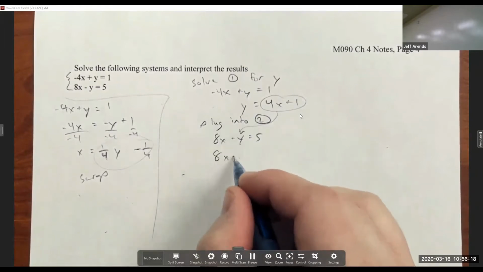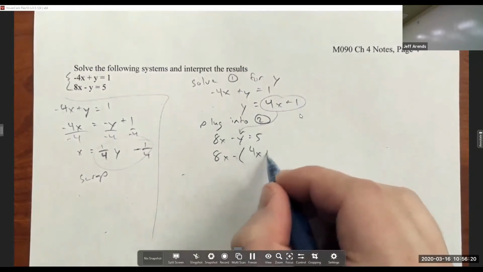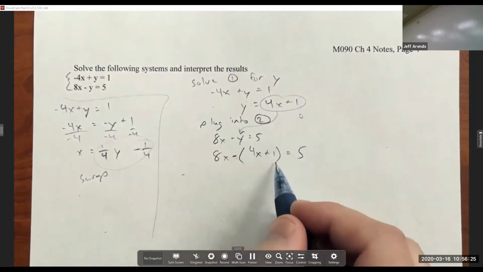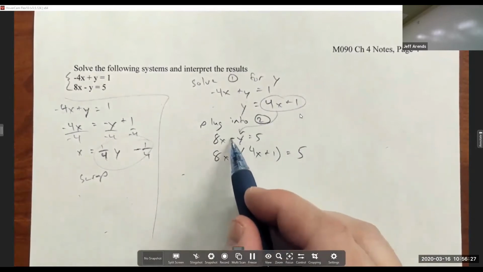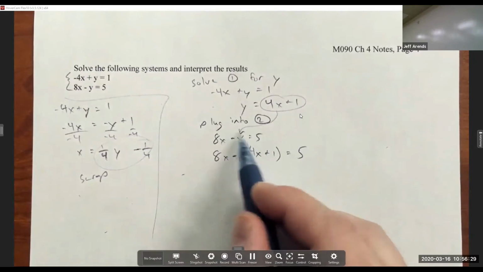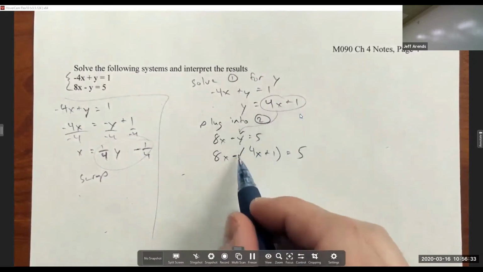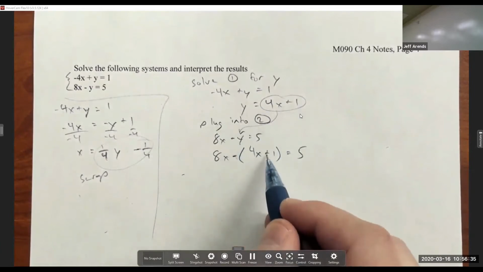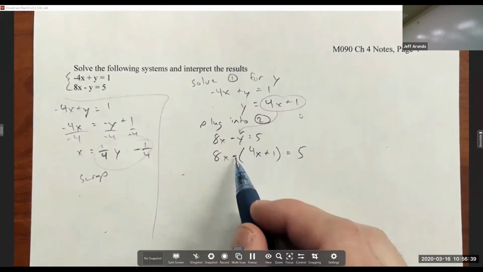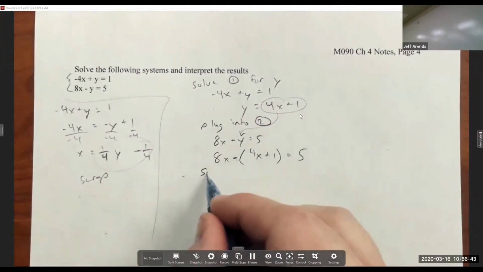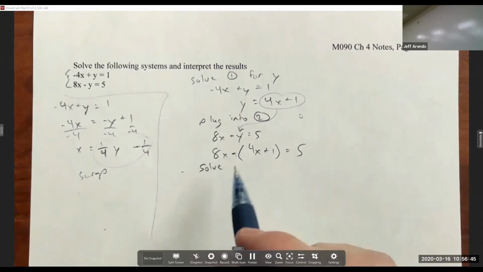So I get 8x minus parentheses 4x plus 1 equals 5. It was necessary that I put these parentheses here, because I need to subtract the entirety of y, and y is 4x plus 1. I want to make sure that I have the addition of 4x and 1 done before I do the subtraction. Now I can solve this by simplifying.